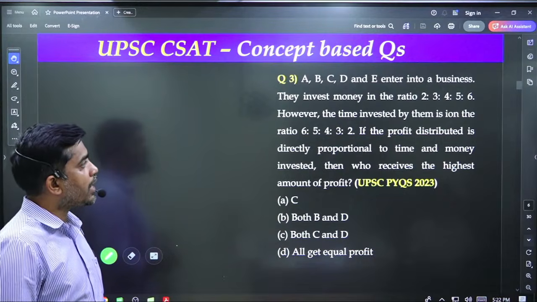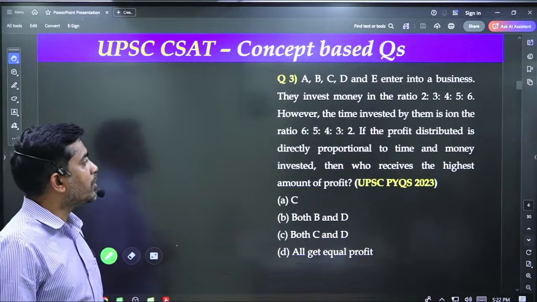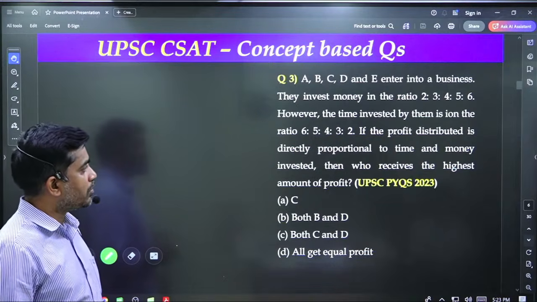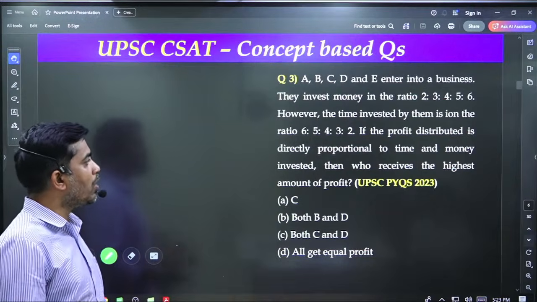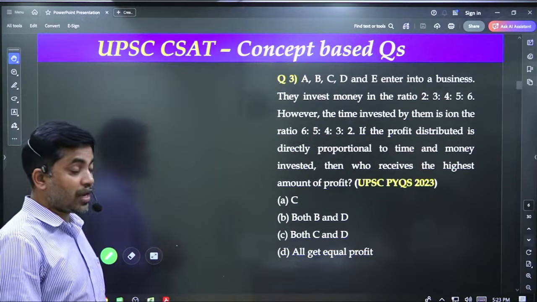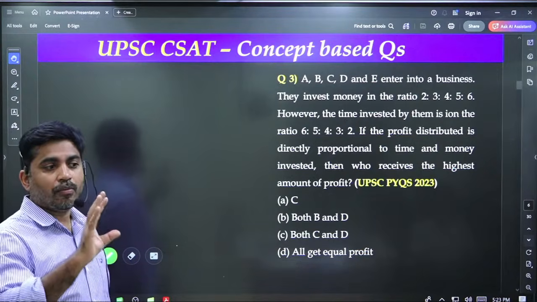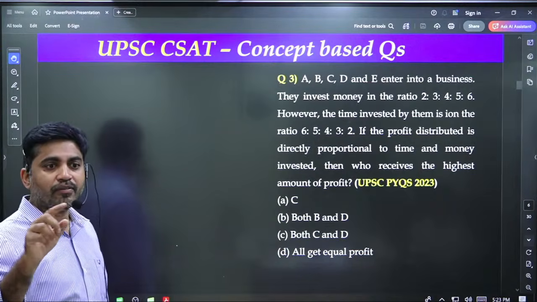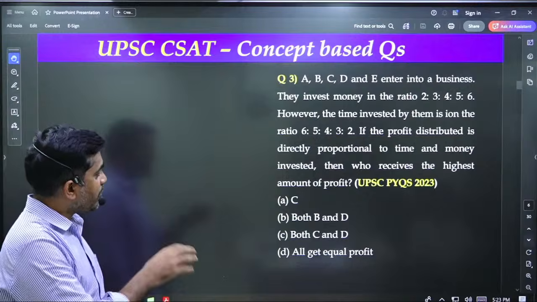However, time of investment is reverse: 6, 5, 4, 3, 2. Profit is directly proportional to time and money invested. Actually, they don't give this. We have to study it from concepts. Profit is directly proportional to investment into time. But it is given in the question itself.